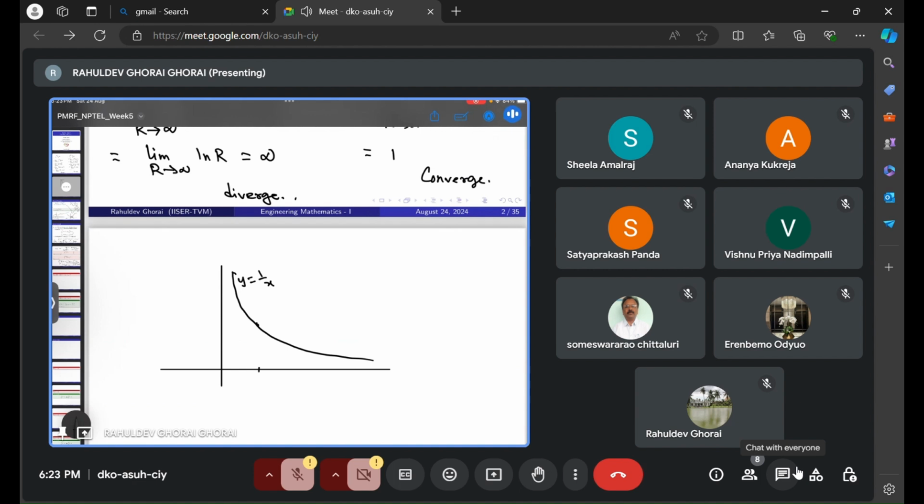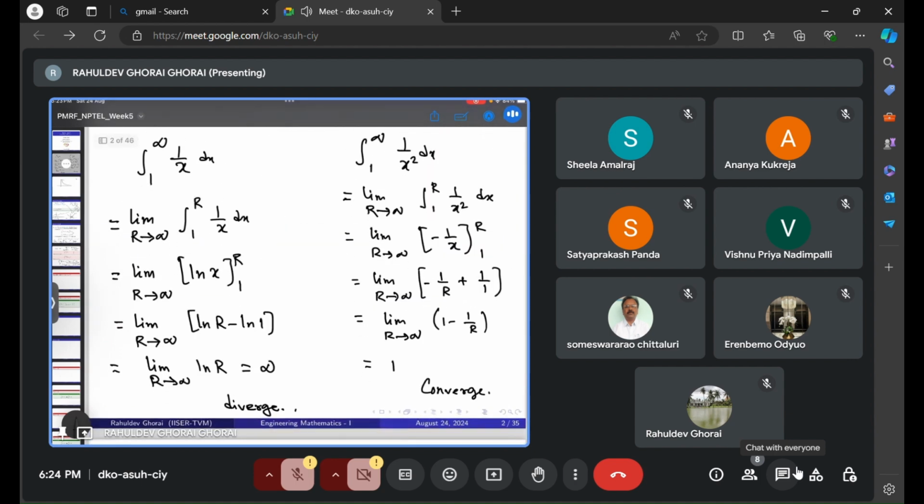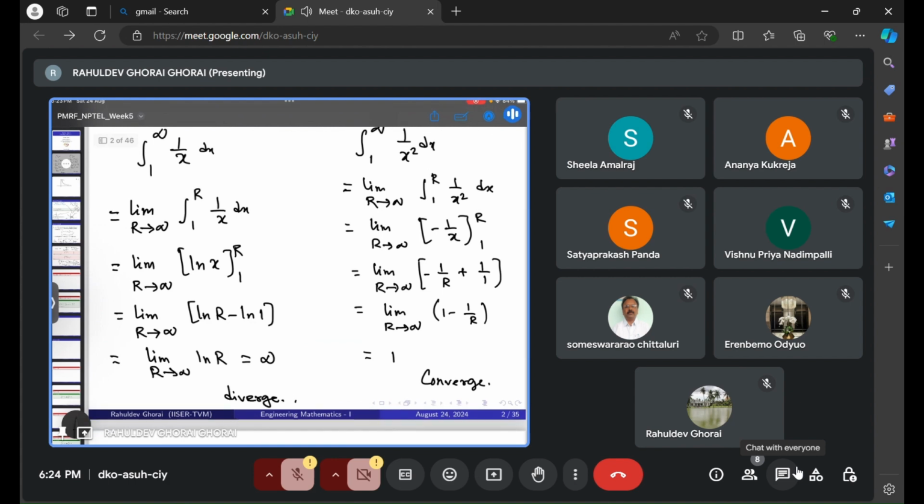If you take some value, say 2, this will be half and this will be 1 over 4, so it will be less. Maybe the graphs will look the same, but what I want to say is, if you take the area under the curve, one will be convergent, one will be divergent.